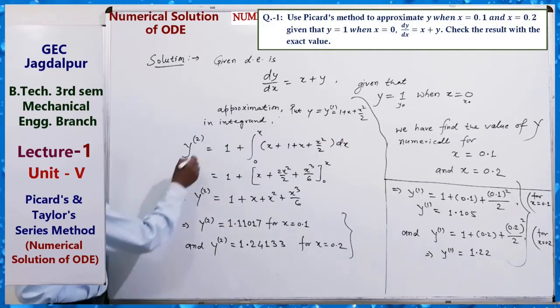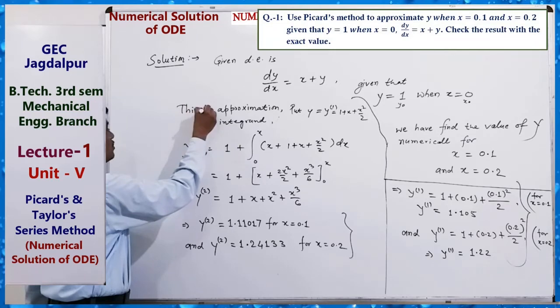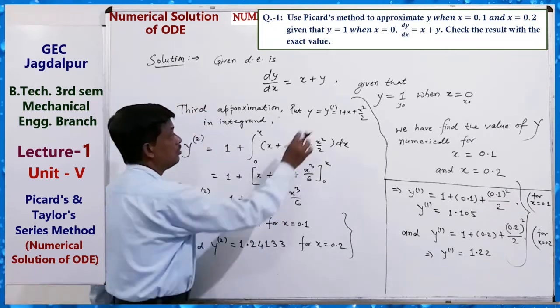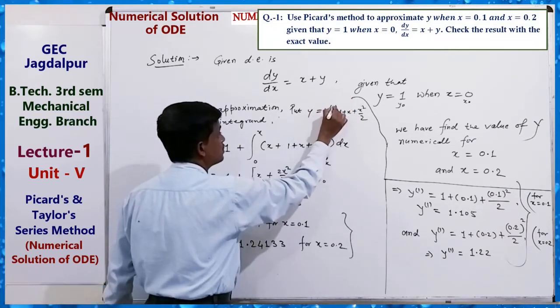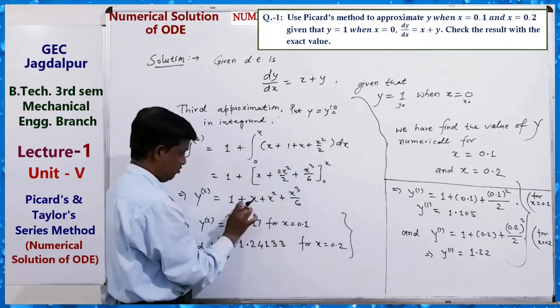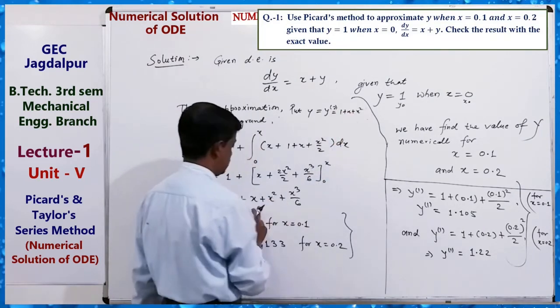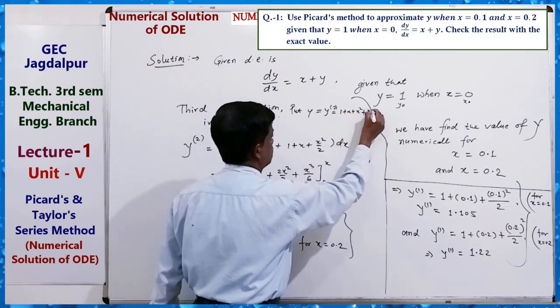So for the third approximation, what do we have to do? Here we will put the second approximation value, that is this value, 1 plus x square plus x cube by 6.